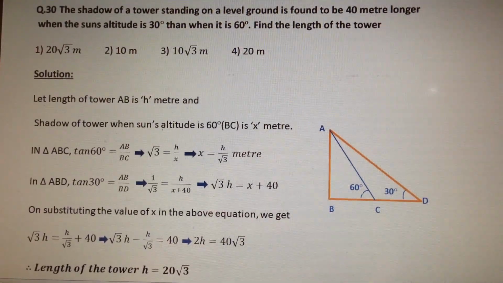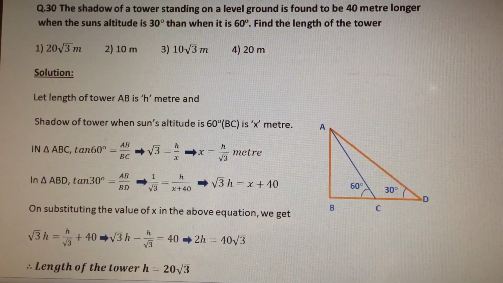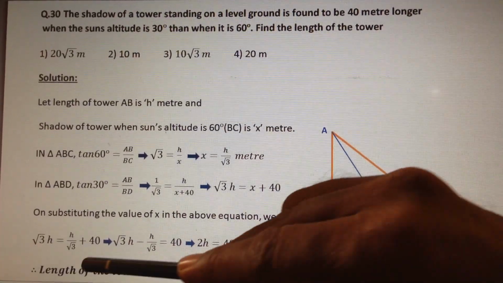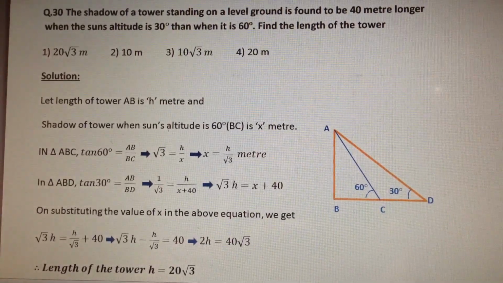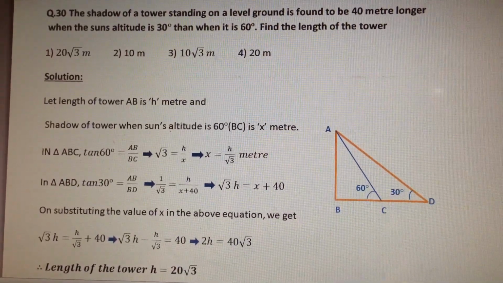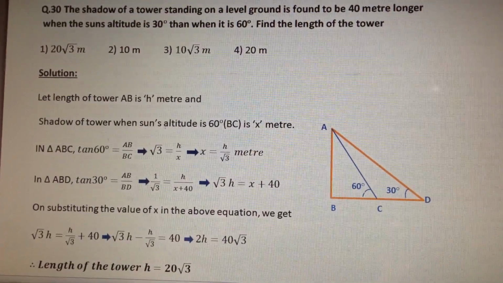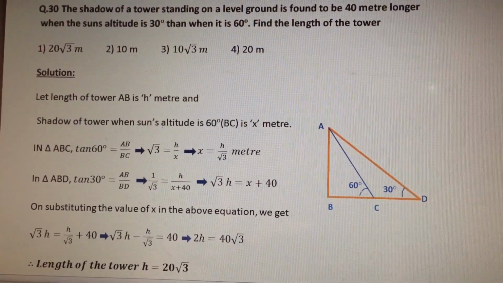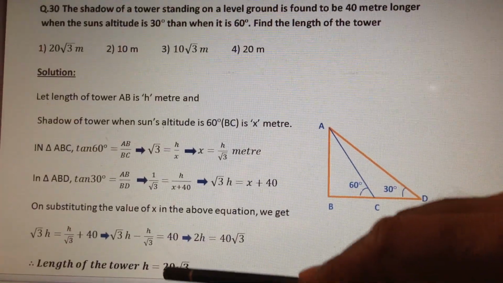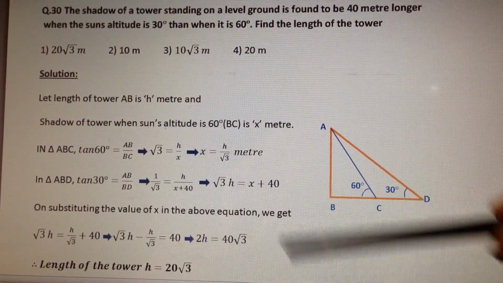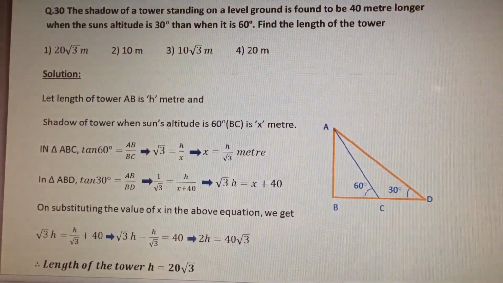On substituting the value of x in the above equation, we get root 3h is equal to h by root 3 plus 40. Therefore, root 3h minus h by root 3 is equal to 40. Therefore, 2h is equal to 40 root 3. Therefore, length of the tower, which is h, is equal to 20 root 3. So, our answer is option number 1.